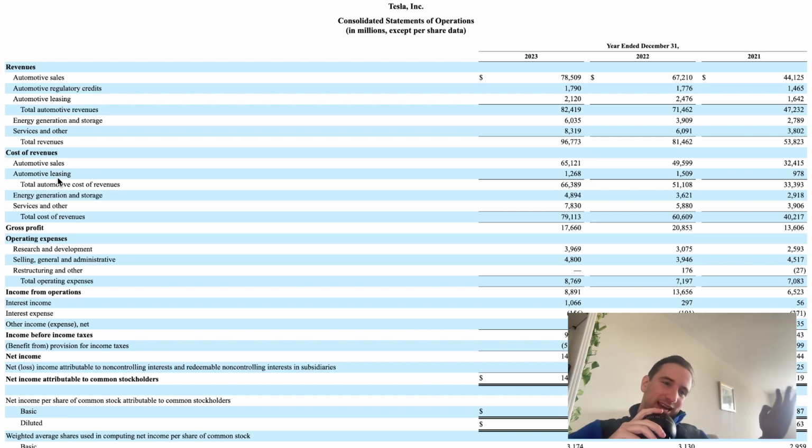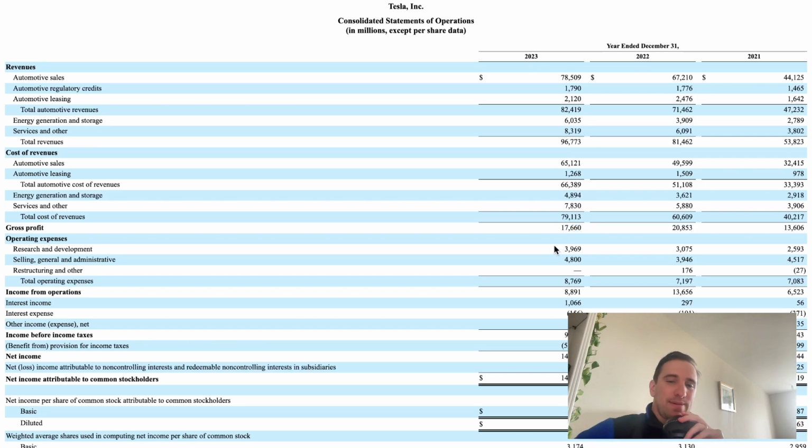So you do 50 cents, that was all your costs, minus $1, that's what you sold it for. Your profit was 50 cents. Well, this works the same way. So here are your costs. This is how much each item cost. And then you get your gross profit. So you can see what they made. When you look at just simply how much revenue they generated and then subtract out those cost of revenues, you can see their gross profit was 17 billion.